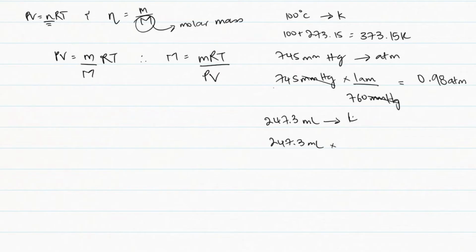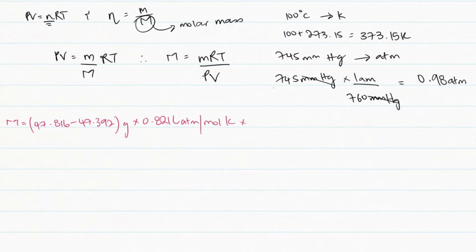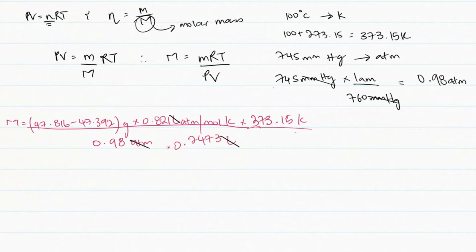And that's going to give you 0.2473 liters. Then now, you can substitute the values into the equation. After substituting, you're definitely going to get something around the ballpark of 53.60 grams per mole. And if you're working your units properly, you're going to get your units as gram per mole. So we good?